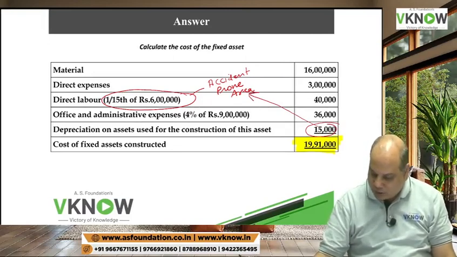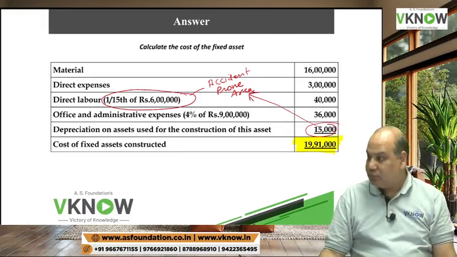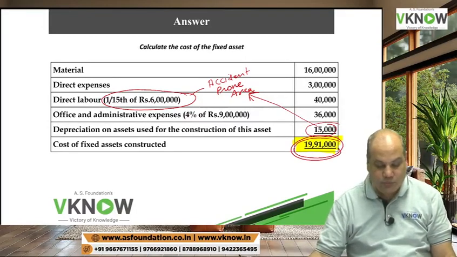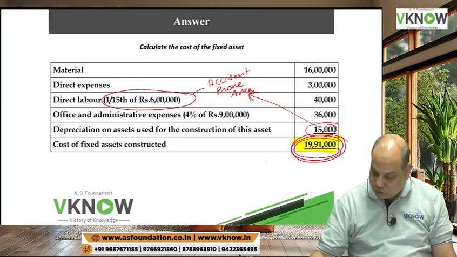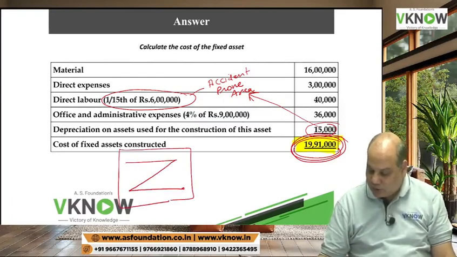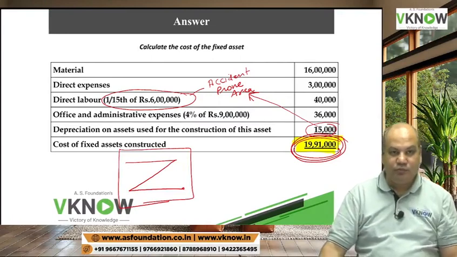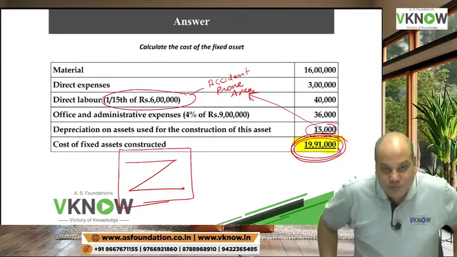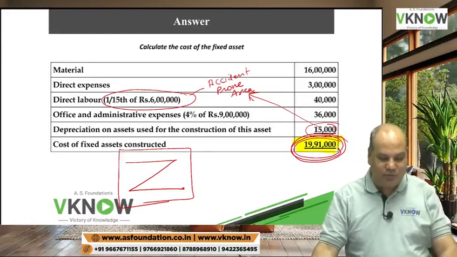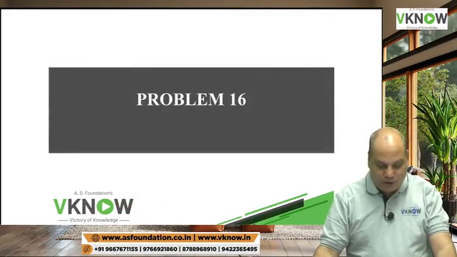This is another accident prone area. If you make any mistake, your total will go wrong. And if your total goes wrong, the institute will give you a number starting with Z. Which number starts with Z? You can imagine.